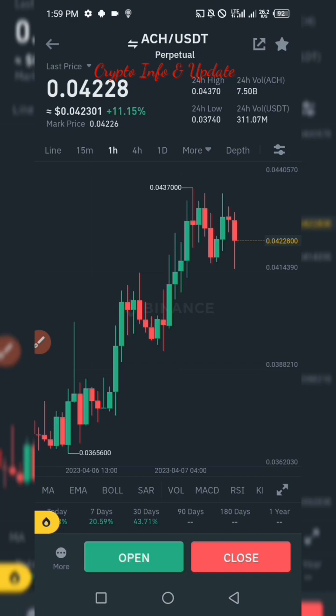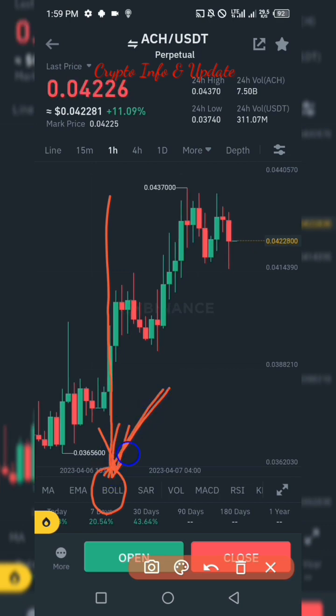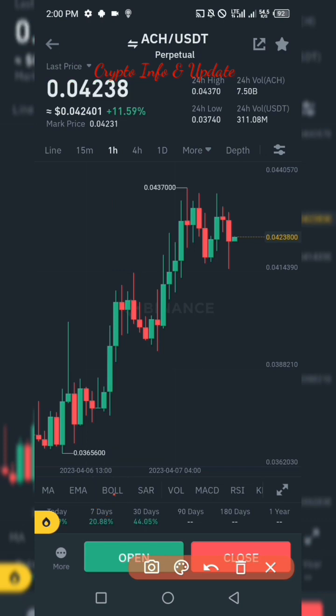To activate the Bollinger Band, just click on this BOLL at the bottom of your screen. See it here? BOLL. Can you see it? Just click on it. Once you click on it, it means you've activated it. Do you understand? So let me click on it.